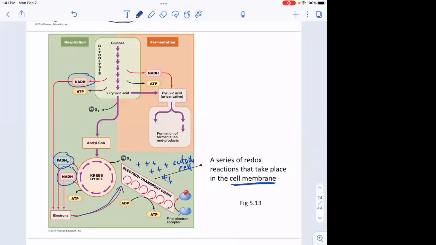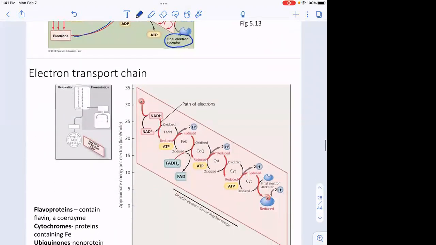So we've got that proton gradient that's being established. There's some electron acceptor. For us, it's always oxygen. Bacteria can often use something else, some inorganic ion, and we'll talk about what kind of things that could be. Okay, so that's just a little overview.